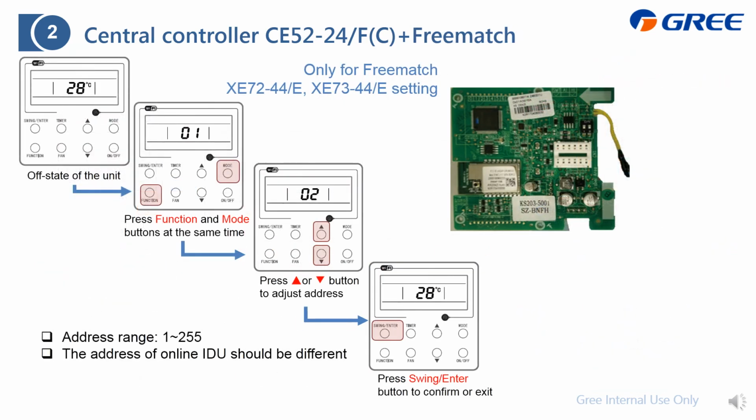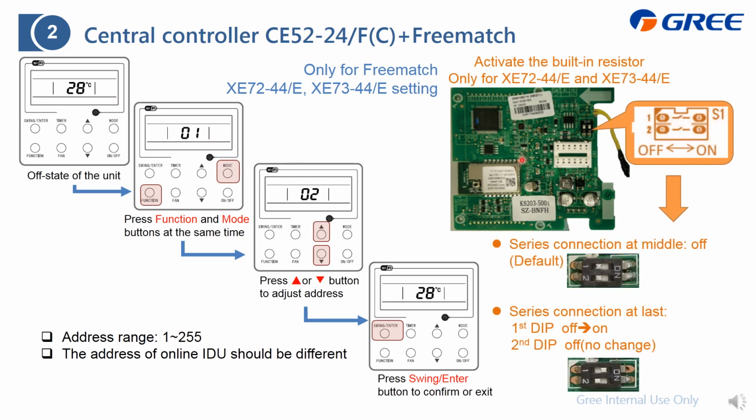As for this two-wire controller, you can just follow this password to change the address to ensure they are different. It's okay. And this picture is the inside PCB. This one is the built-in Wi-Fi module, which means you can control from your smartphone to this wire controller, which is to control the indoor unit.